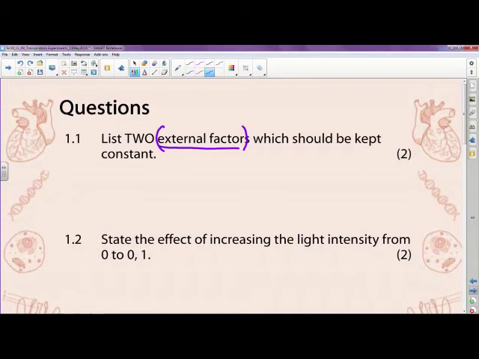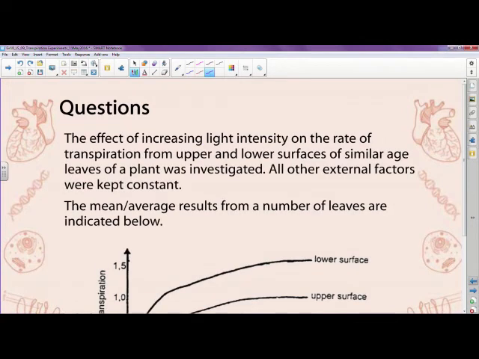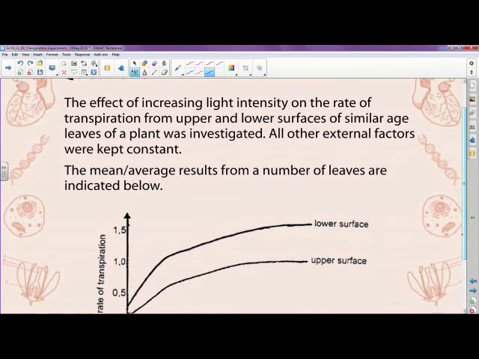Now, we've just done it. The external factors were light intensity, temperature, humidity, and wind. Now, those 4 that we've done, it says list 2 external factors. If we go back to our diagram, I hope you didn't write light intensity, because what are we trying to see?